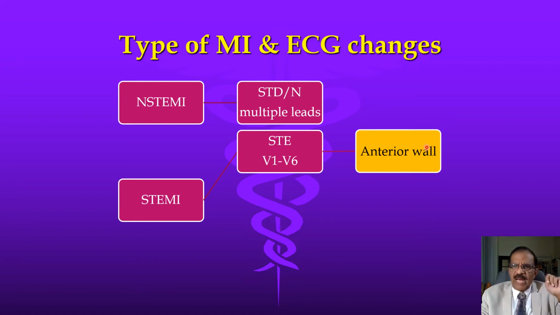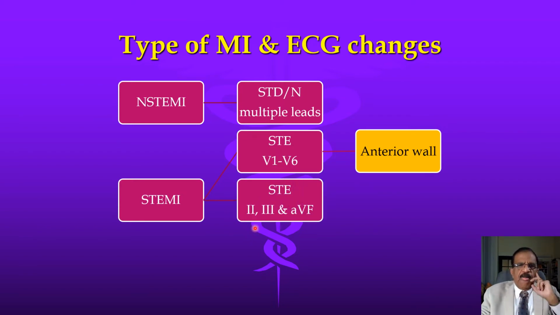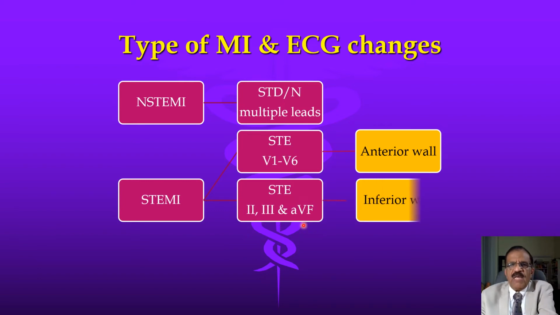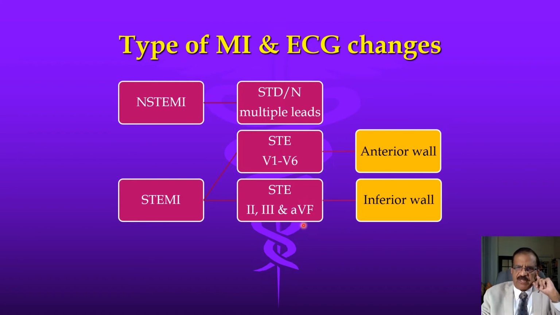So you can localize myocardial infarction based on the leads in which you see the changes. Then if ST segment elevation is seen in leads 2, 3 and aVF, and we just learned that these three leads represent which part? The inferior wall. So there would be inferior wall myocardial infarction.